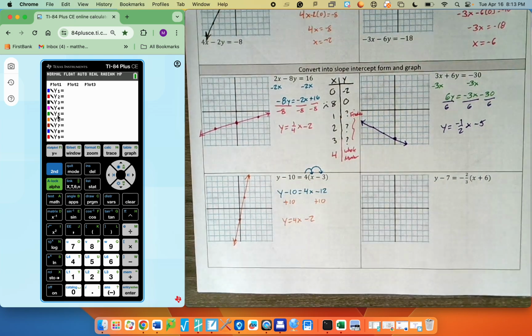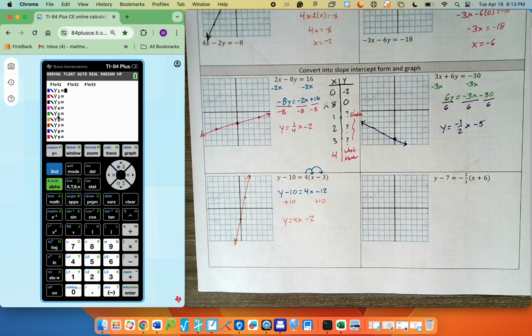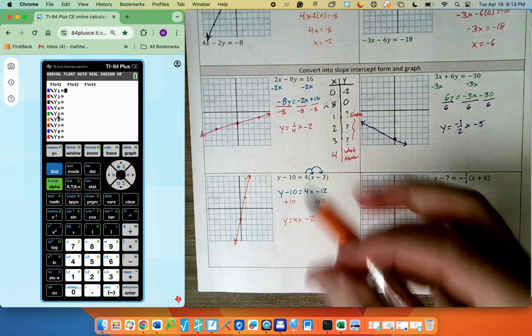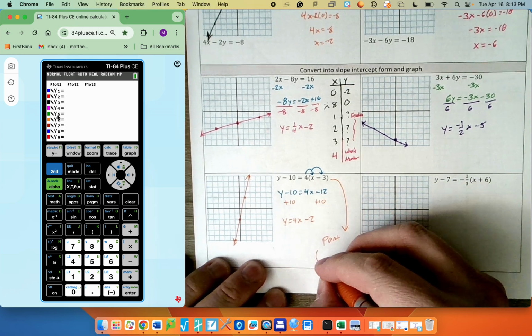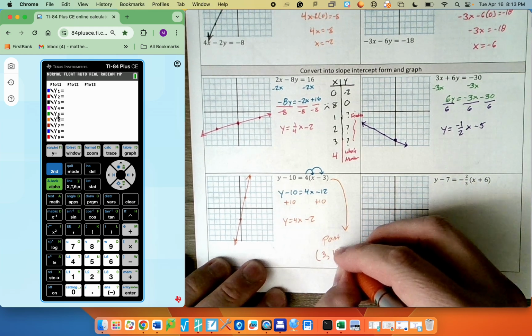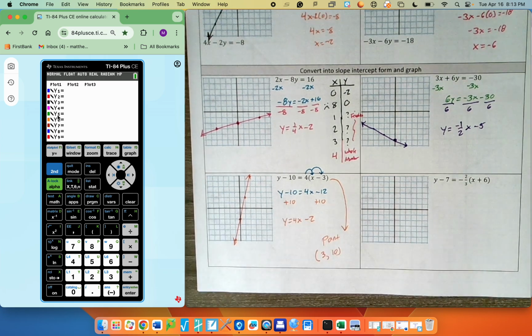So if you don't remember point-slope form, or you can't plot that because the point it's asking us to plot is 3, 10, which is way off the graph, we have to convert it or build a table, which I'm going to guess we don't want to do.